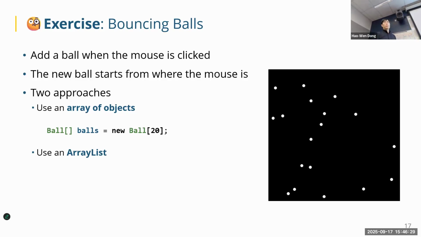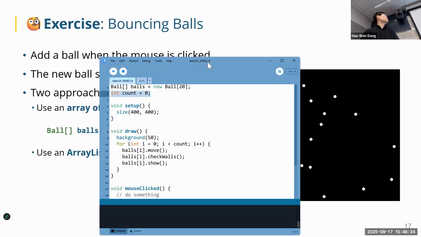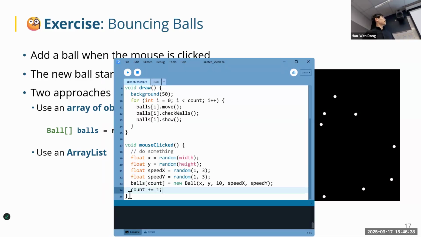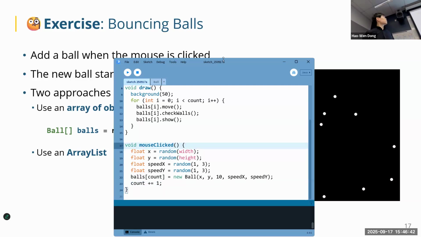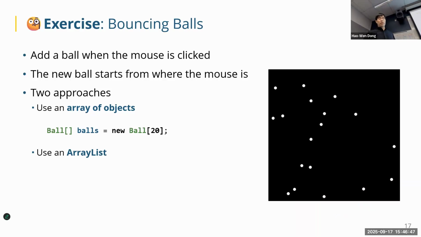So you want an integer count so that you know how many balls you have. And whenever you click the mouse, you want to increase that count by 1. So this will be something I'm implementing, but think about it for a while, and we will look into how we can do it.